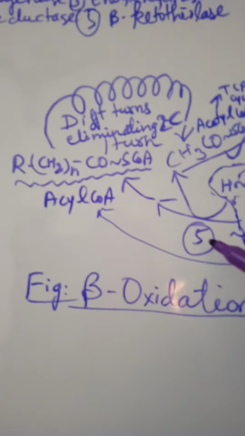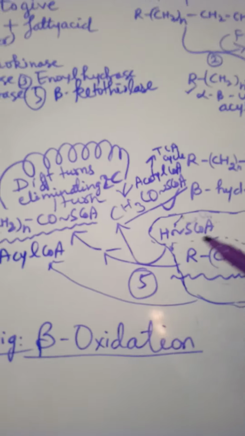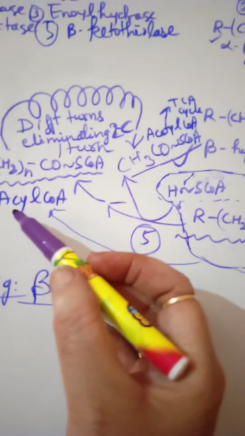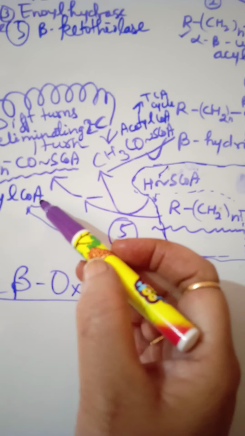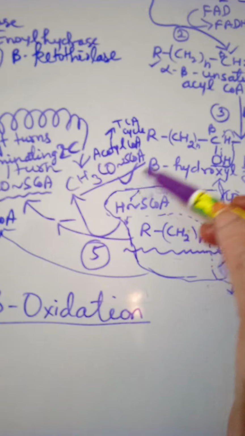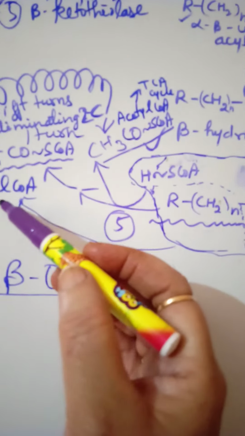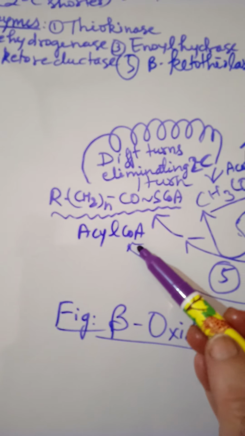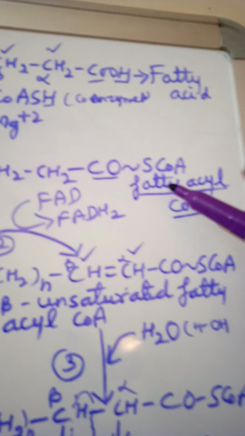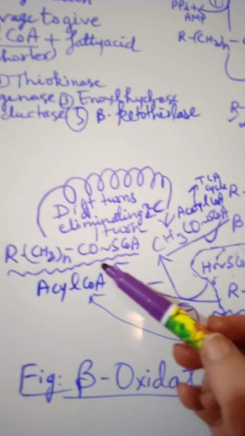So this is the first spiral, and during this we have the final products acyl coenzyme A and acetyl coenzyme A. You could see here, this acyl coenzyme A derivative is like the fatty acyl coenzyme A of the second step, but it has 2 carbons less than the earlier one.